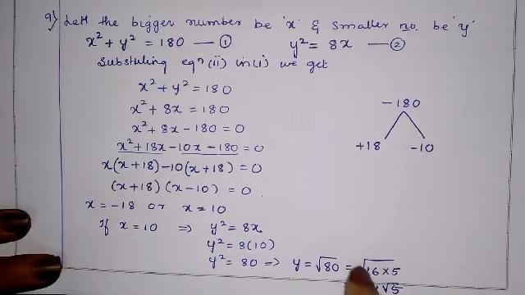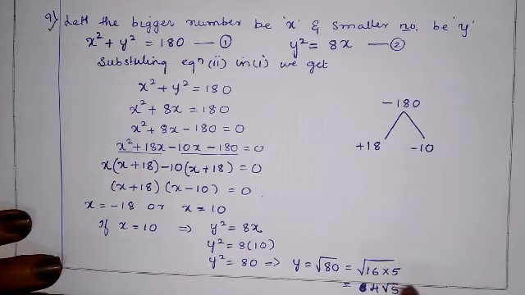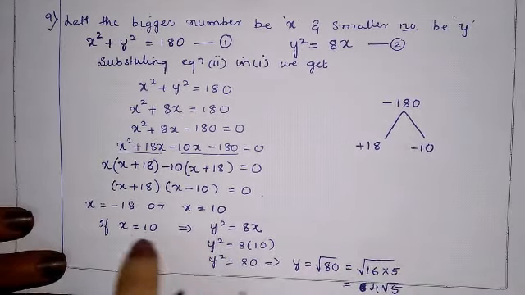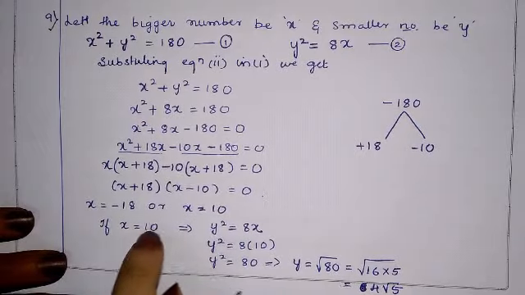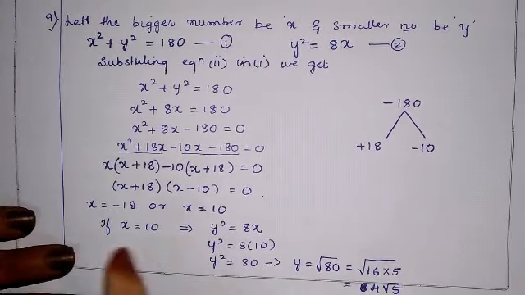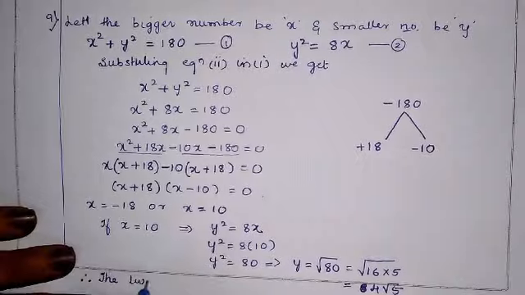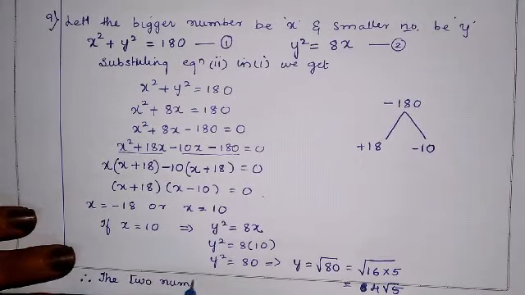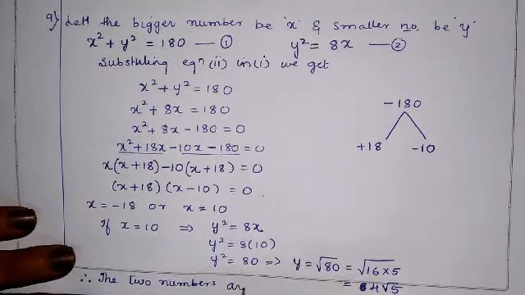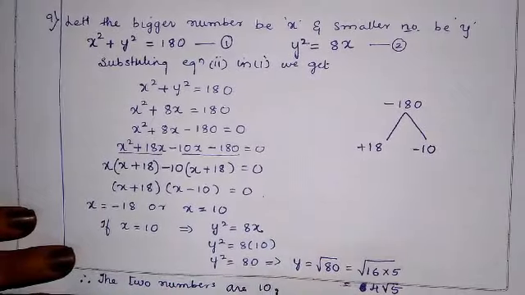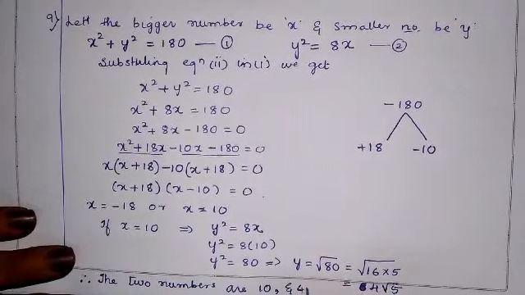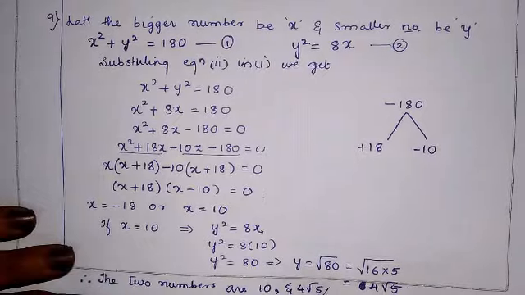If we take minus 18, inside the root a minus will come, and inside the root a negative number is not an integer or something like that. So we have to take the positive number only, if x is equal to 10. Therefore the two numbers are 10 and 4 root 5.